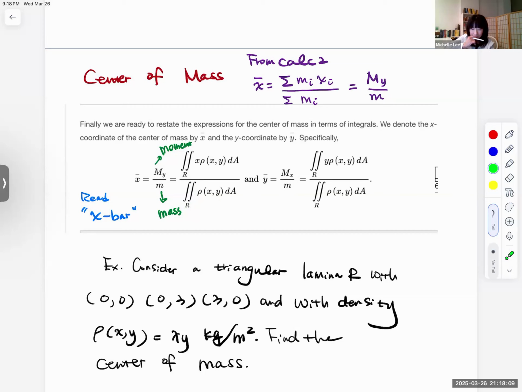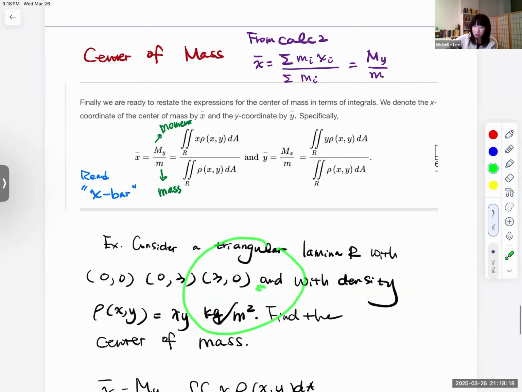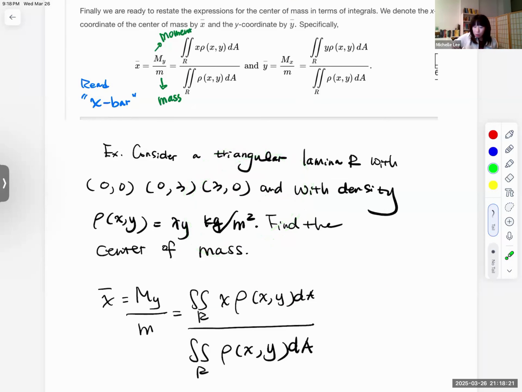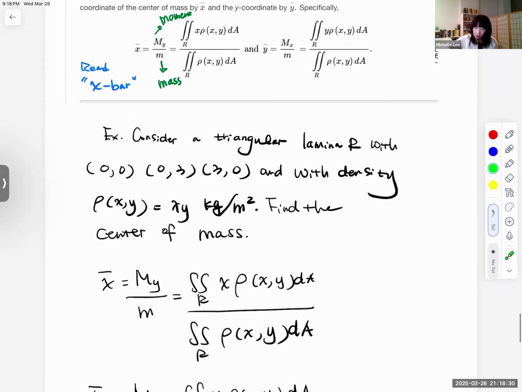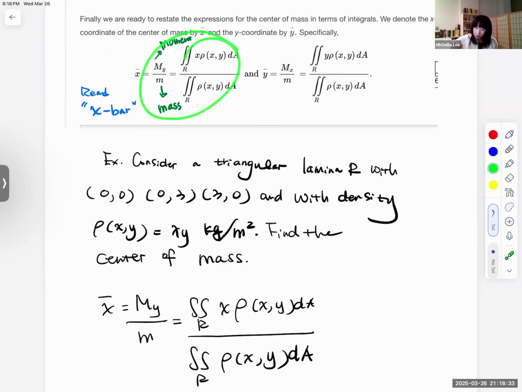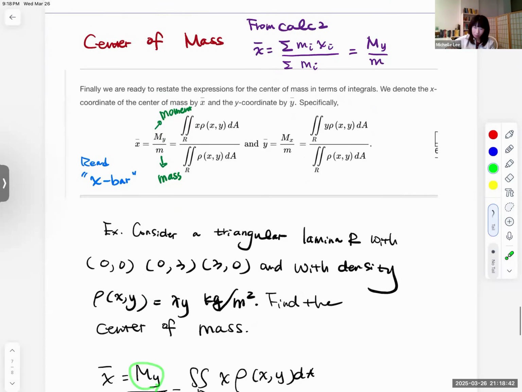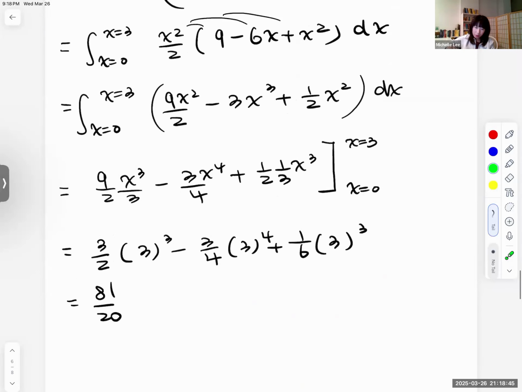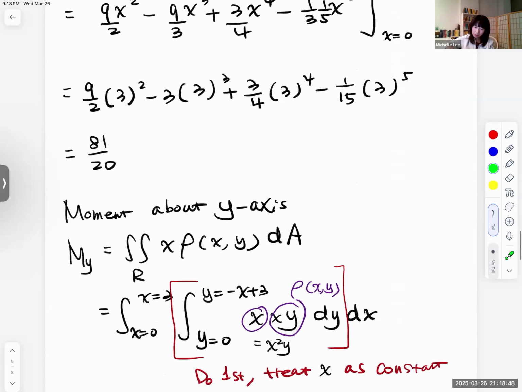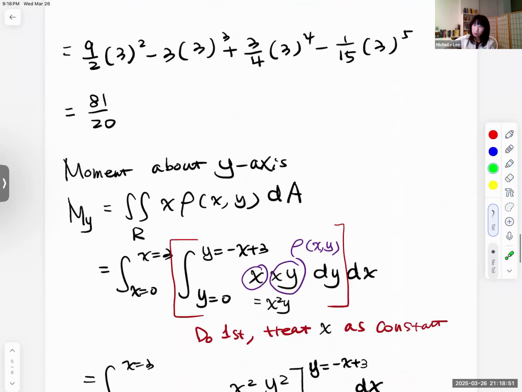Okay, now we have the formulas, and we have the example. Now we want to find the center of mass. All right, so I wrote down those formulas here. Then we found the moment earlier. So let's find where the moment is. Oh, right there.